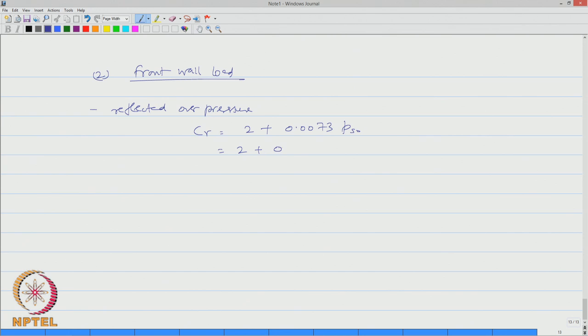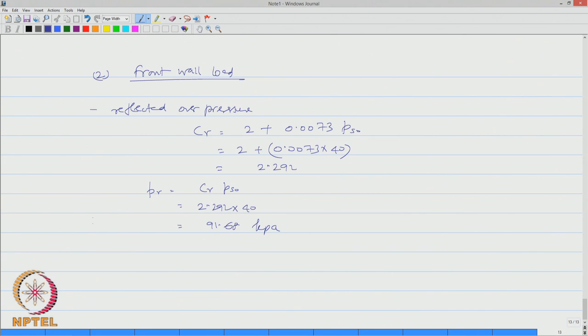Let us compute that by multiplying the known PSO value for the given case. Now, the coefficient to be multiplied is 2.292. Therefore, PR is CR into PSO, which is 2.292 into 40, which is 91.68 kilopascal.